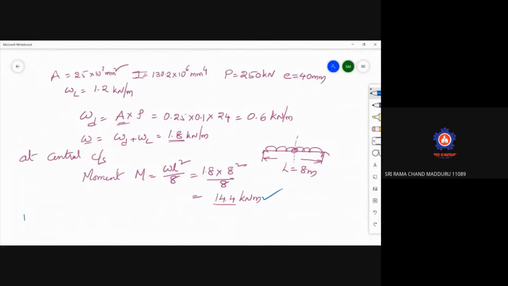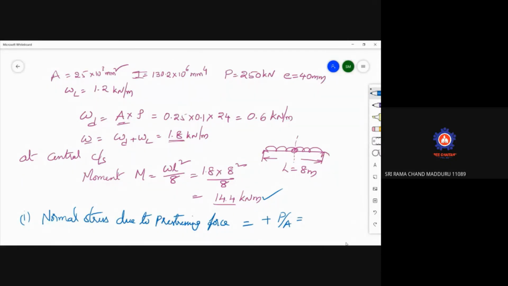First step is we will calculate the normal stress due to pre-stressing force. That is plus P by A. I am just explaining as the space is not there near the diagram.